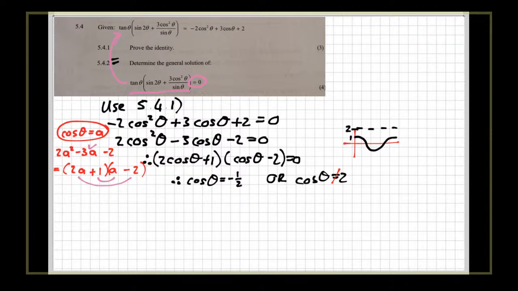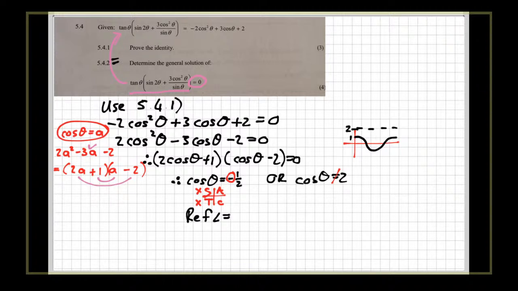Now, in this case, my negative tells me that I'm going to work in quadrants 2 and 3. My reference angle, you must be able to do without a calculator. Future engineers and medical students and actuaries, you've got to be able to do it without a calculator, because in your first year at varsity, in calculus, you're not allowed a calculator into your exam.